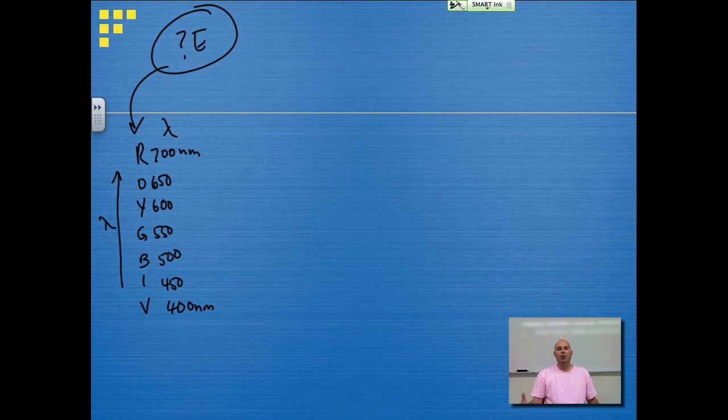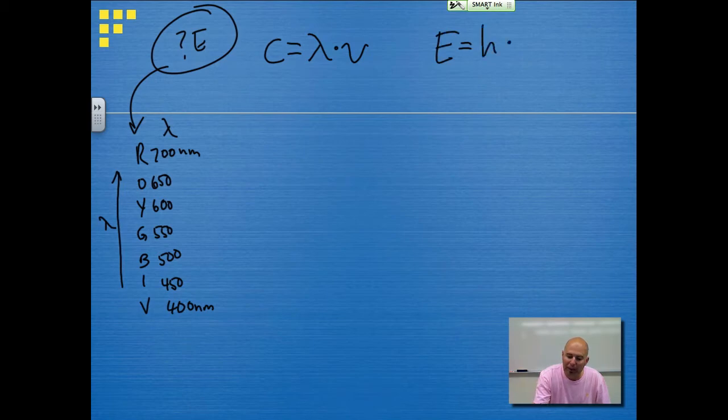I wouldn't have to give you any values at all, because if you know the color, that color can correspond to a wavelength. That wavelength can be then converted to frequency and then the energy. And again, what I'm talking about here are your speed of light formula and your Planck's theory formula. Okay, so using those two.